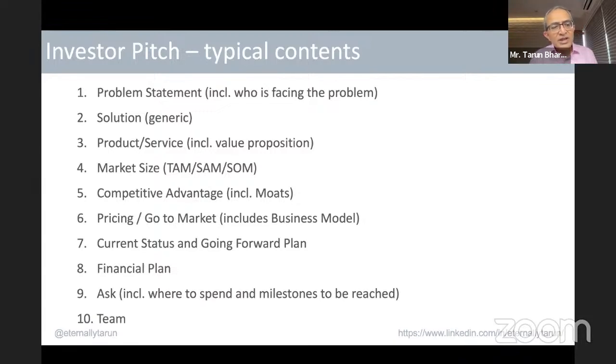Now we may say that, especially the early startups may not be great marketing experts, so they may not know what are the 10 things which can be done. So to the best that you can, with the help of people around you and your own research, and some of these things are common sense, you put in whatever best you can.